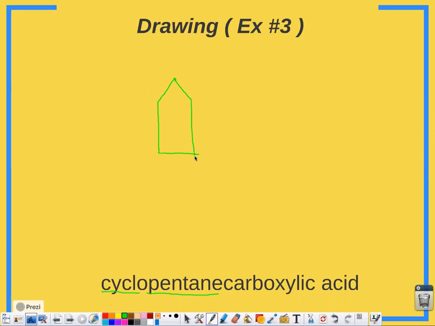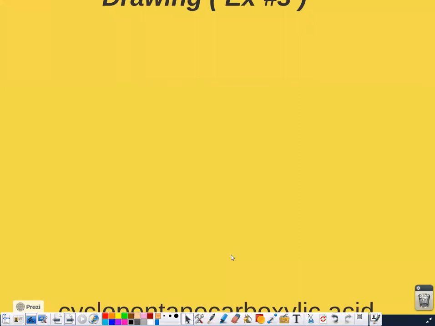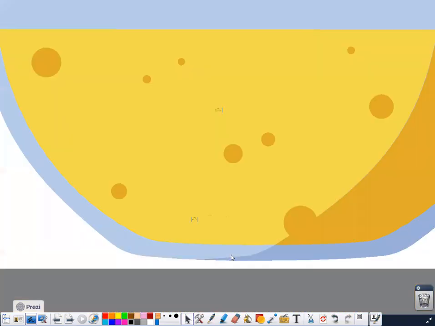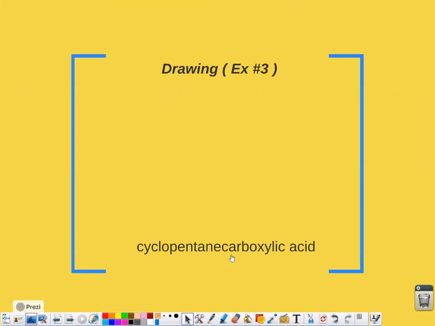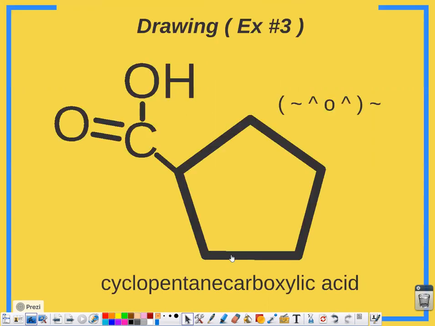We have the carboxyl group here, which can be written at any site. Cyclopentanecarboxylic acid. Just like this.